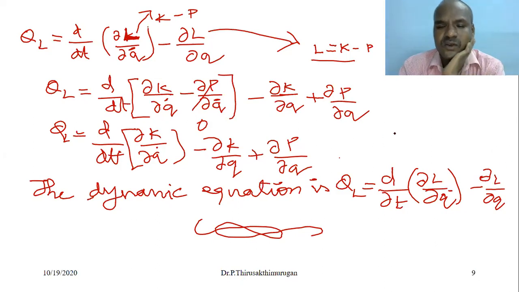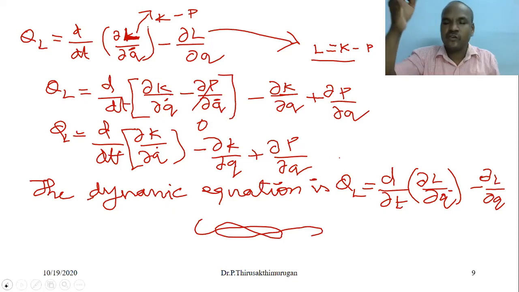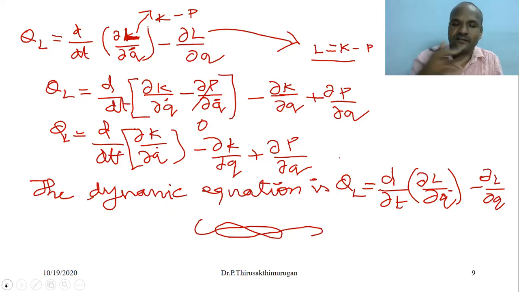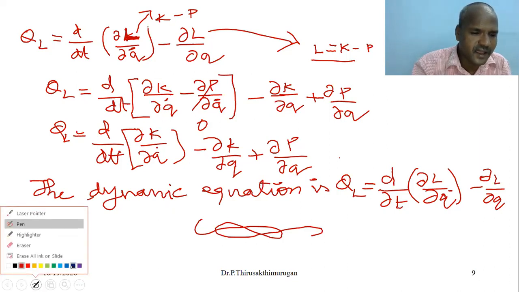Okay, so if you want to form this equation in matrix format for nth order dynamic equation, just QL1, QL2, QL3. Similarly, dou L1 by dou Q1, dou L2 by dou Q2, like that. You have to generate the ith order.